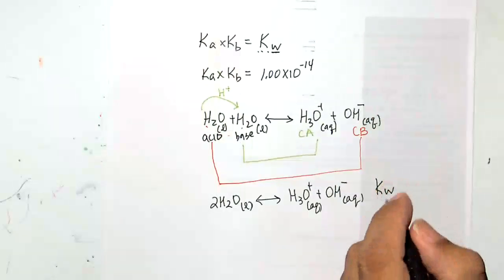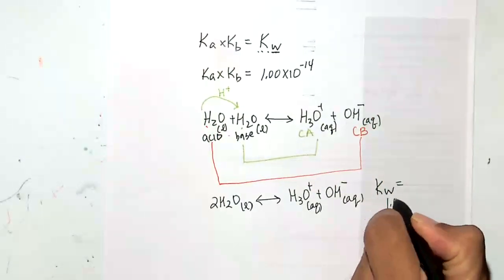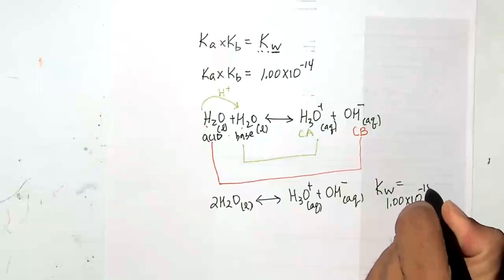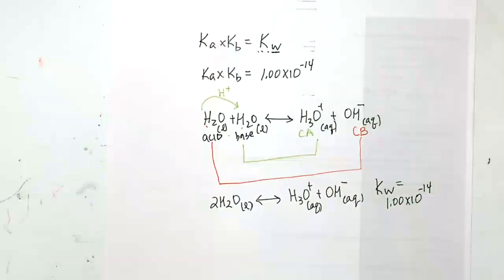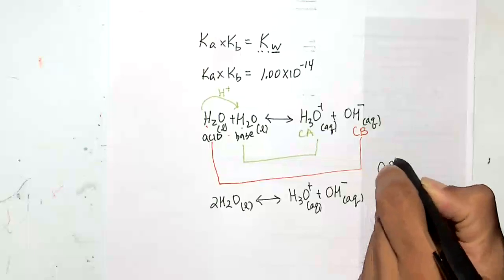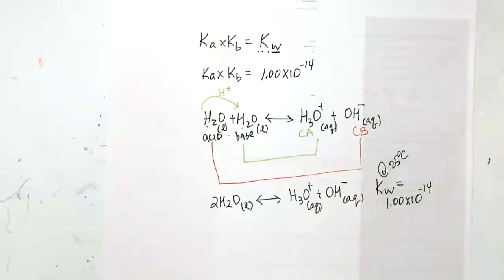Which at 25 degrees, which is something that you guys should know, is 1.00 times 10 to the minus 14. This is quoted at a specific temperature, so this temperature here is 25 degrees. It's still unitless, as all equilibrium constants are unitless.